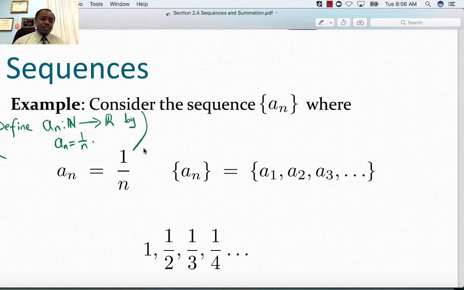The nth term is 1 over n. See, I'm starting from a1, a2, a3. I cannot have a0 because that would be 1 divided by 0, which makes life in mathematics very uncomfortable. We don't like dividing by 0. So we can define an from the natural numbers to the reals by an equals 1 over n, and then I can find the 25th term, which would just be 1 over 25.